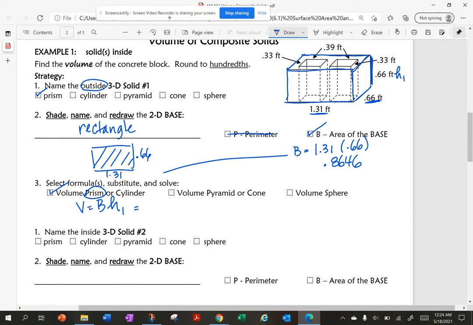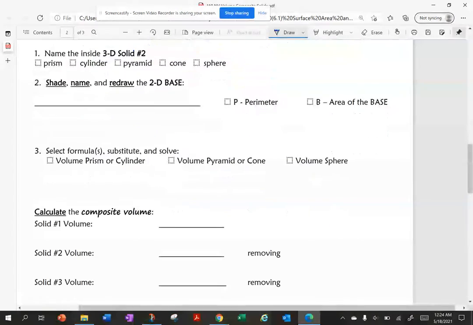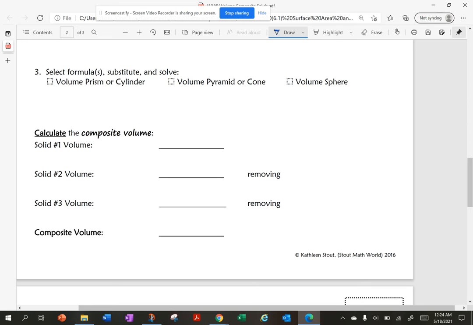I'm going to substitute that in here: 0.8646 times the height of the prism, which we said is 0.66. So this is approximately 0.5706. That's my outside volume. So this is the whole outside rectangular prism.